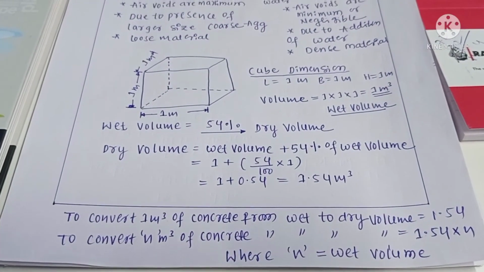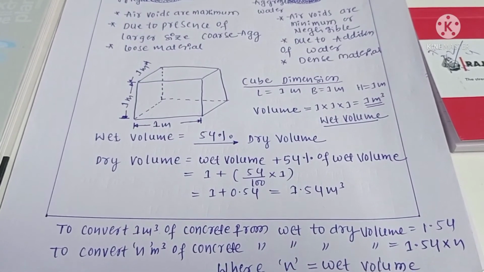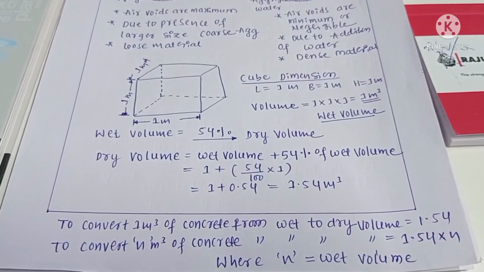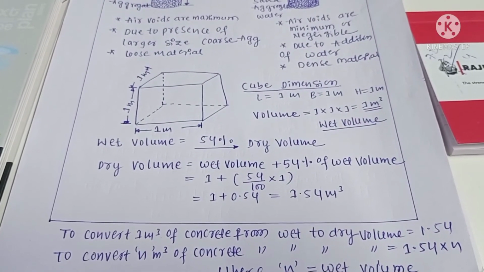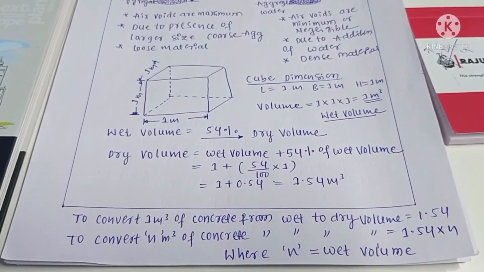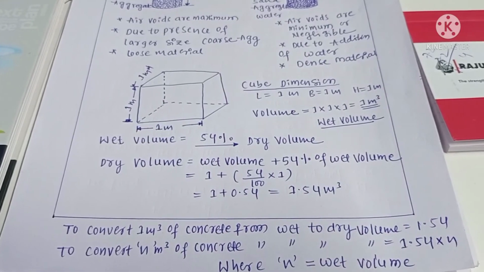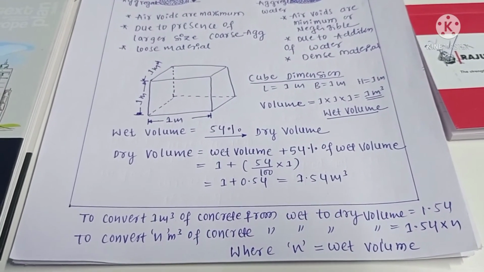Now we get to know that to convert 1 meter cube of wet volume into dry volume, we have to increase it by 54%. The dry volume is always greater than the wet volume. If you take a wet volume of a cube of 1 meter cube, converted to dry volume it is 1.54 meter cube.